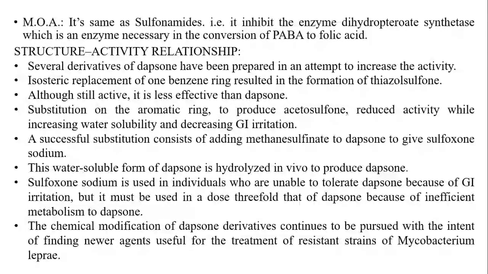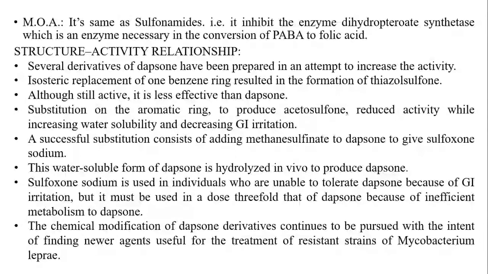Regarding the mechanism of action of dapsone, it is the same as sulfonamide. That is, dapsone inhibits the enzyme dihydropteroate synthetase. The enzyme is necessary in the conversion of PABA to folic acid.